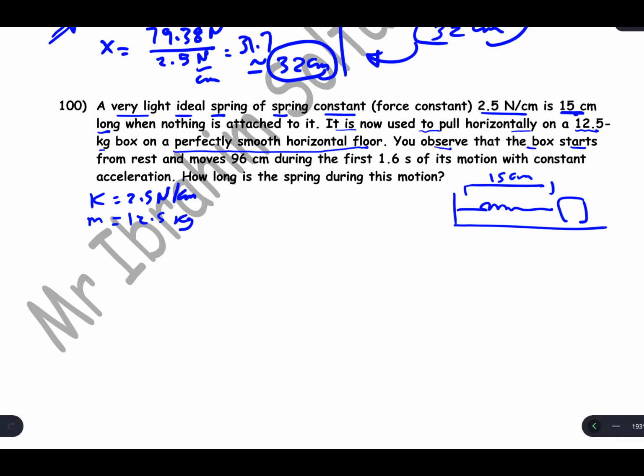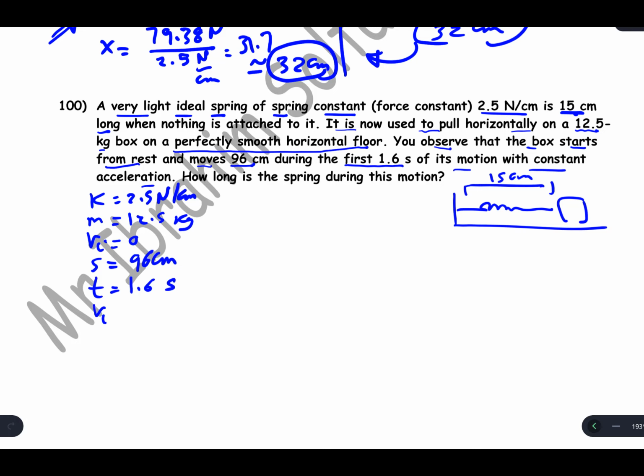You observe that the box starts from rest, so v initial equals 0, and moves 96 centimeters, so x, or s, whatever symbol you want to use, equals 96 centimeters, during the first 1.6 seconds, so t equals 1.6 seconds, of its motion with constant acceleration.